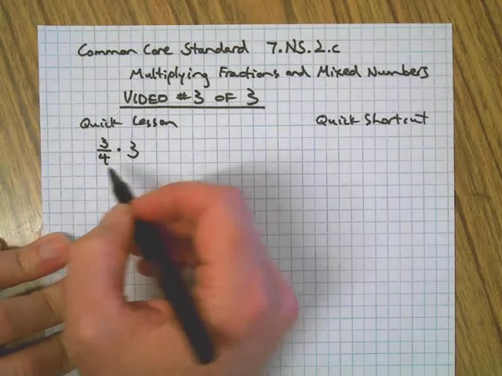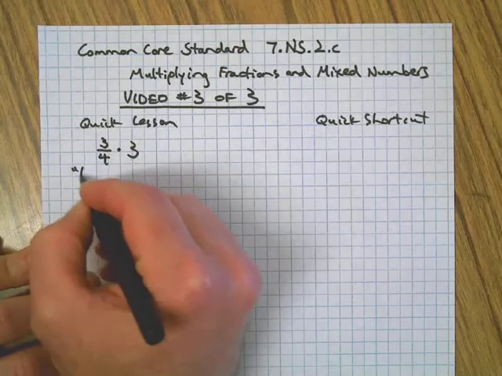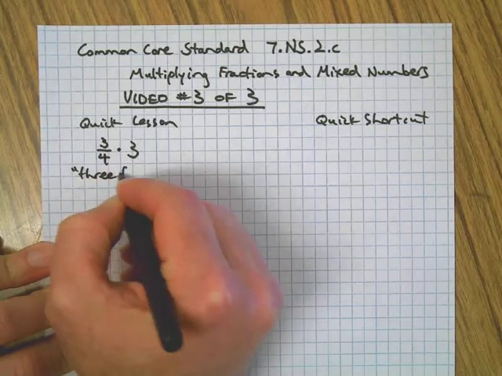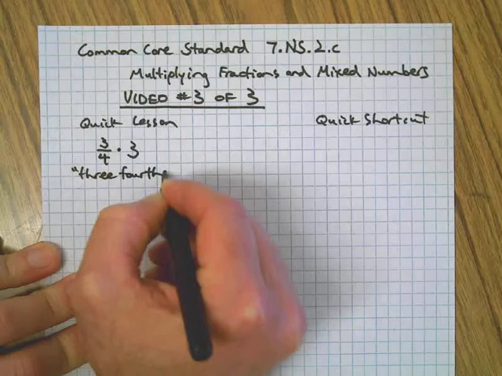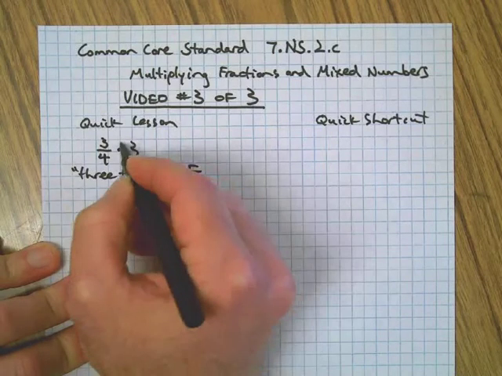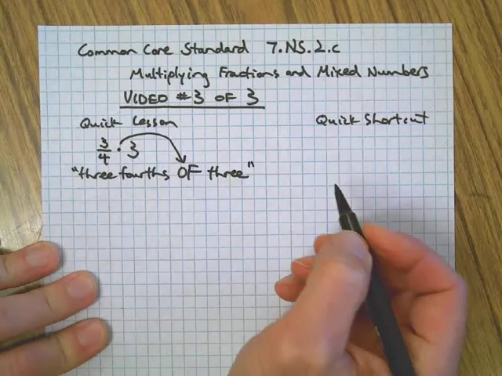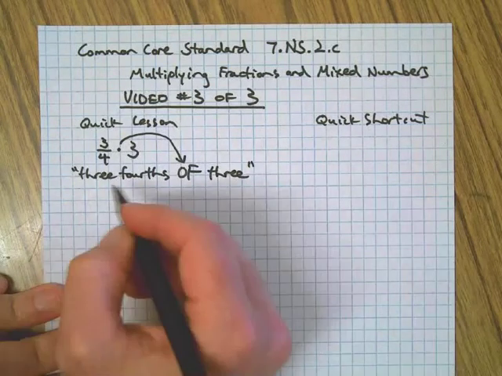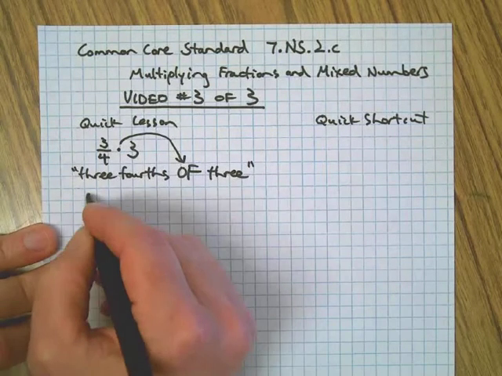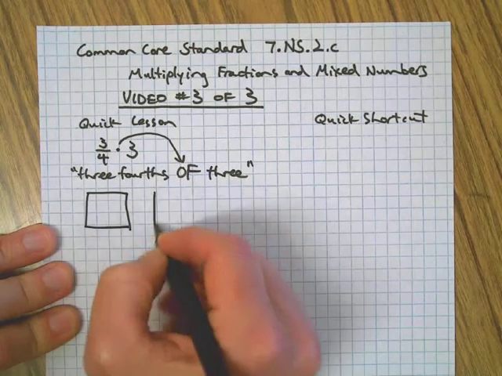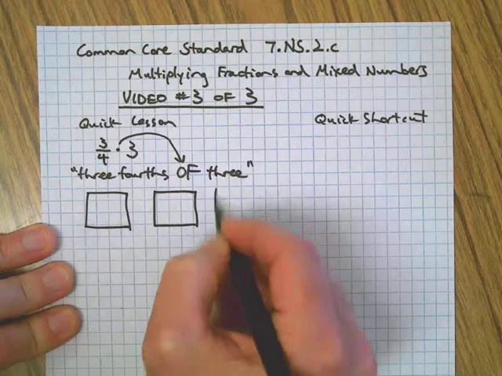So if you can remember our Kit Kats, what this means here is 3/4 of, that's the multiplication sign, 3. Okay, what's 3/4 of 3? So first we need the 3. So I'm going to draw 3 Kit Kat bars here.